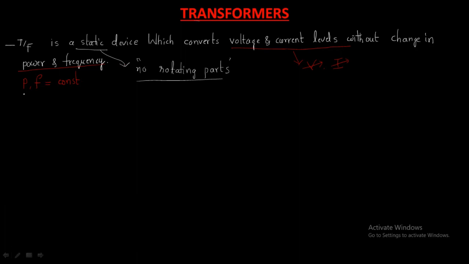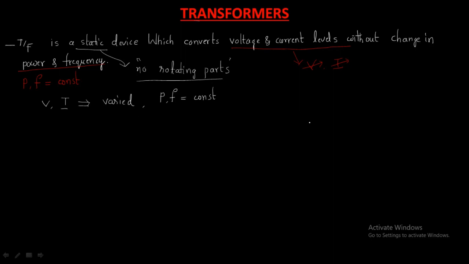Varied means the value will be changed, and power and frequency will be constant. This is about a transformer.